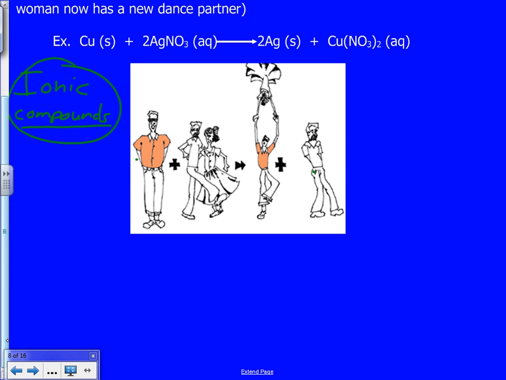Okay, let's have a look at an example here that contains a non-metal reacting. So let's say we've got chlorine, which is one of the special nonmetals. It comes as a pair when it's by itself, reacting with sodium bromide.